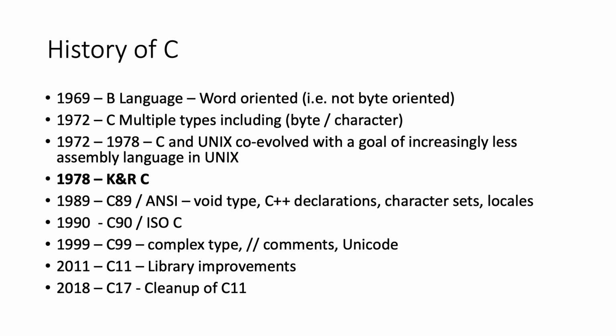The C programming language itself has a long history. There was a language called B, and they were using it at AT&T Bell Labs to build utilities and operating system stuff. But it was a little too word-oriented.